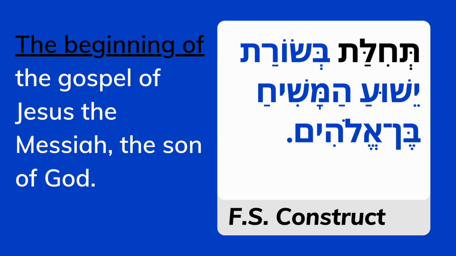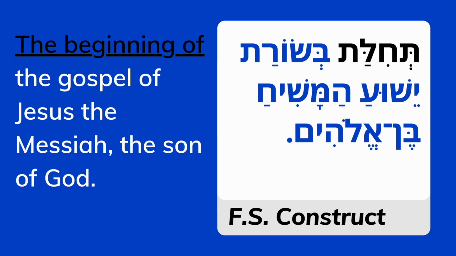So the first word in Hebrew, you see it there in black, is the word techilat. Now this is a feminine singular construct noun, or if you use traditional modern Hebrew grammar terms, it is a smichut form. But if you're used to Biblical Hebrew, you would call it a construct form. Either way is fine. So techilat means the beginning of.